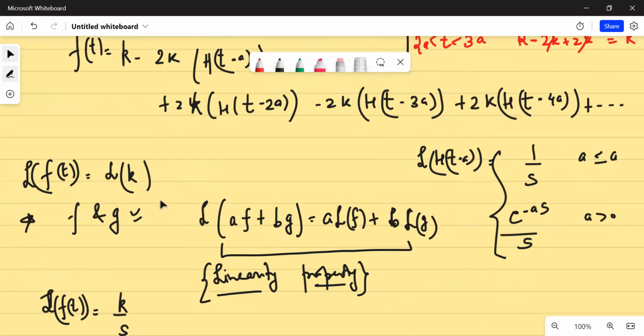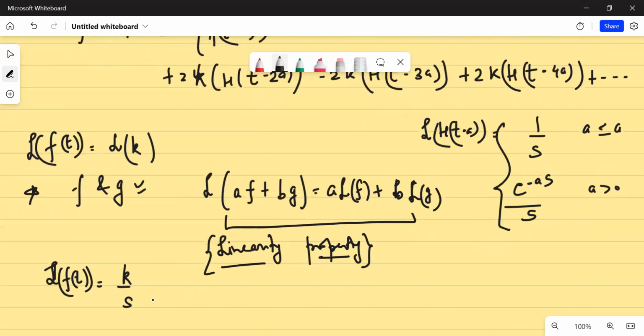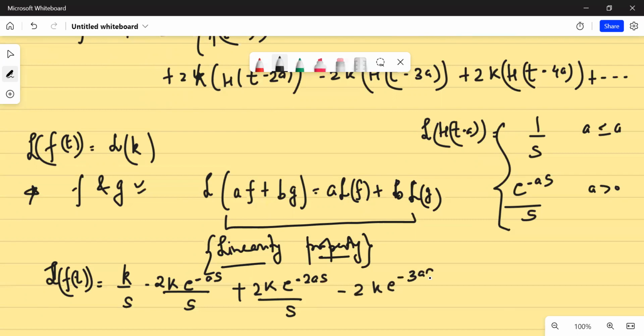I'll simply write minus of 2k e to the power minus as divided by s, then plus 2k e to the power minus 2as divided by s, then minus 2k e to the power minus 3as divided by s, and so on and so forth.